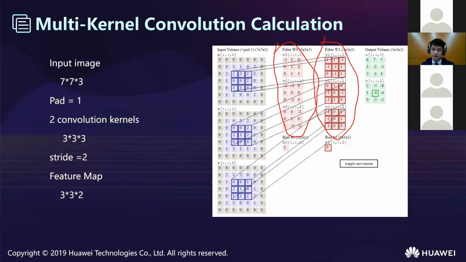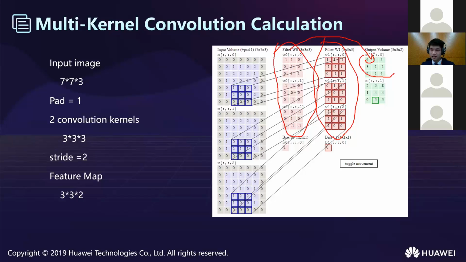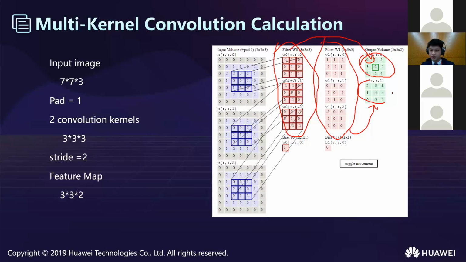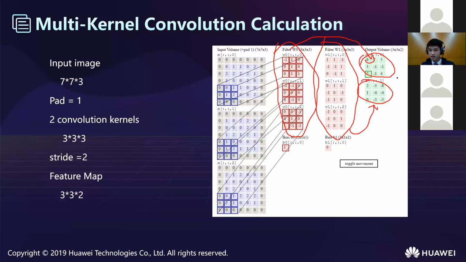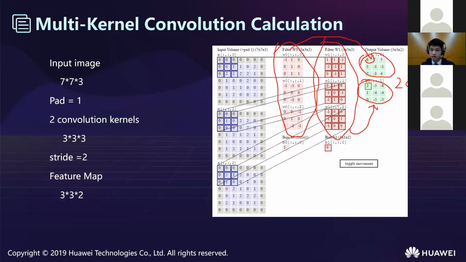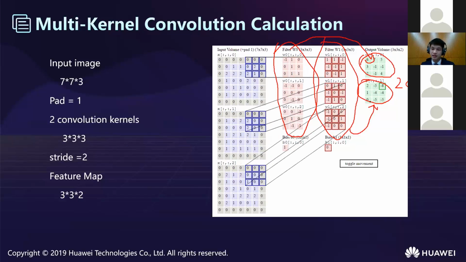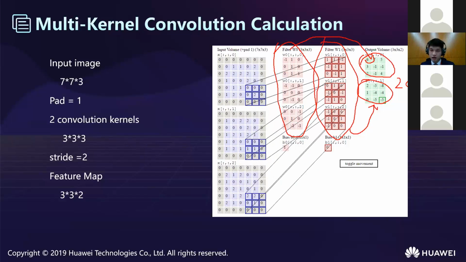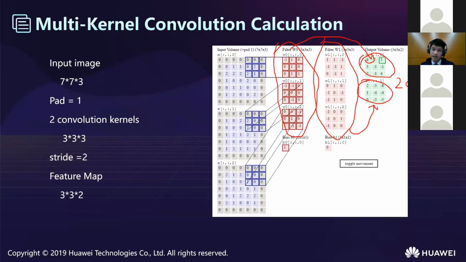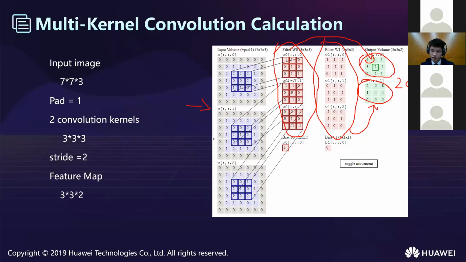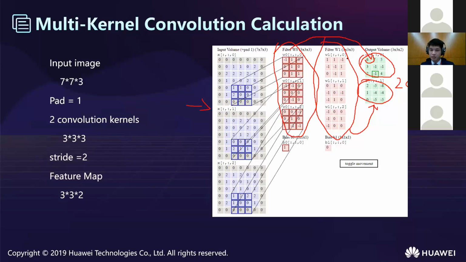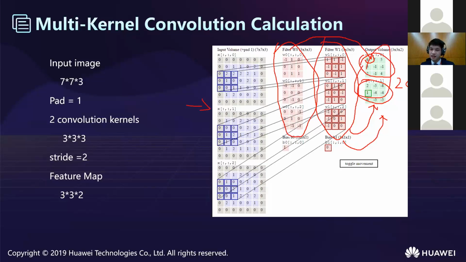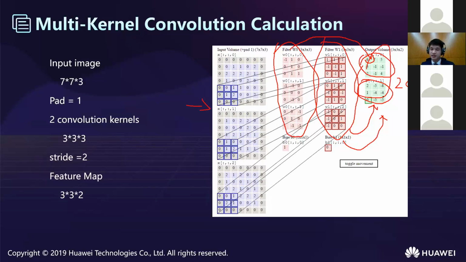We use the first kernel to get this matrix, and use this kernel to get this matrix. That means the output image has two channels. So the number of channels in one kernel depends on the number of channels of the input, and the number of kernels will influence the number of channels of the output. Okay.